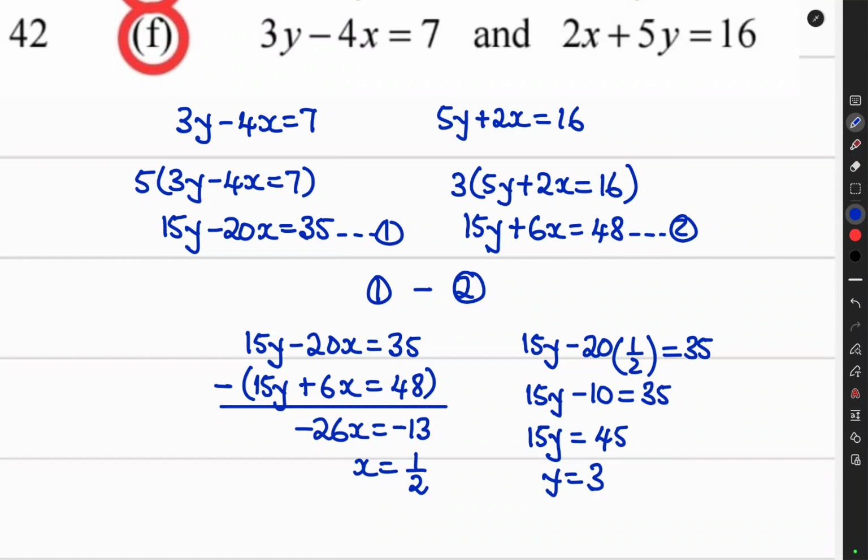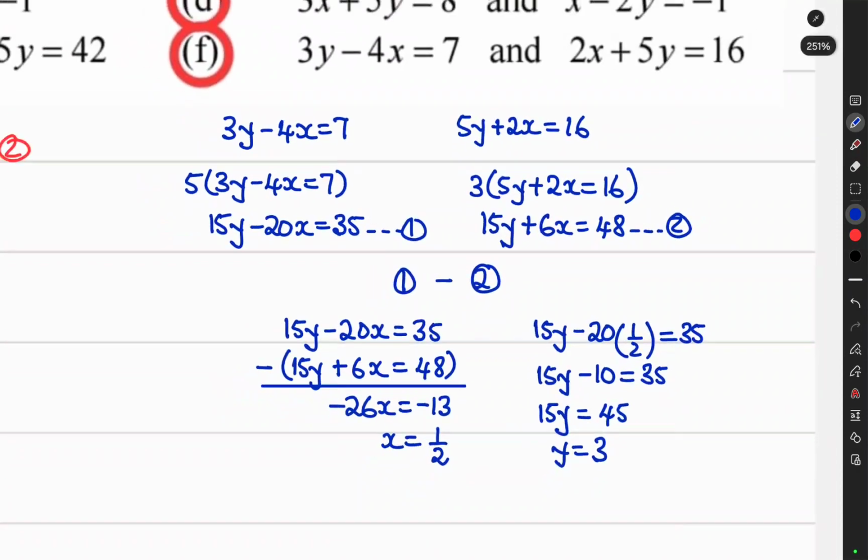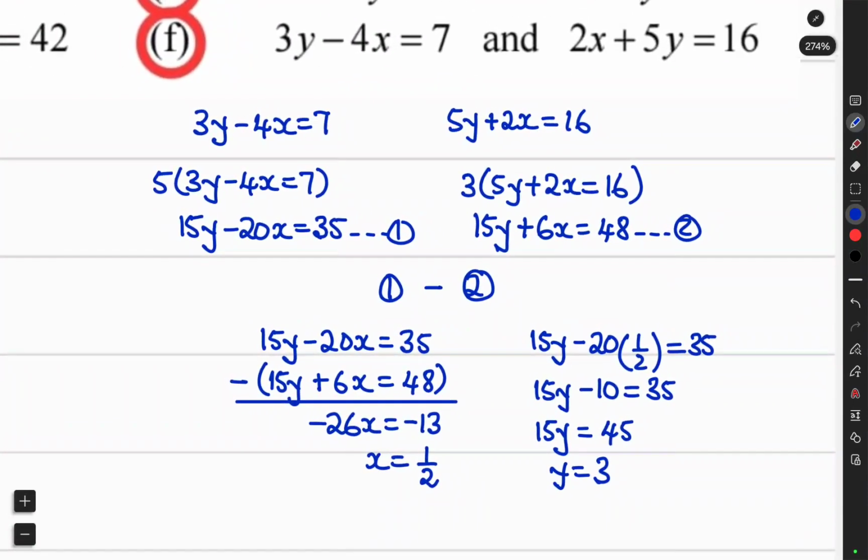It's up to you which one you want to eliminate. If you want to eliminate y, you need the same coefficient of y. If you want to eliminate x, you need the same coefficient of x. Okay. So I believe, guys, you would have seen how to do them and understood what you're supposed to do.